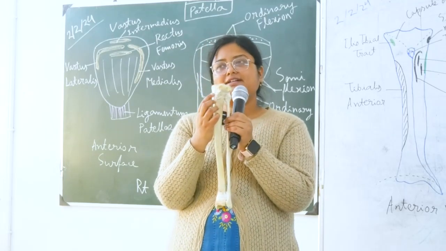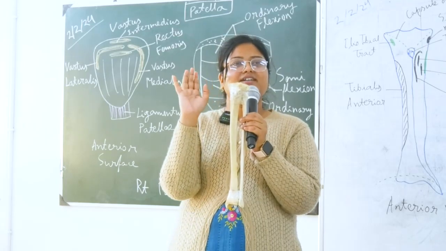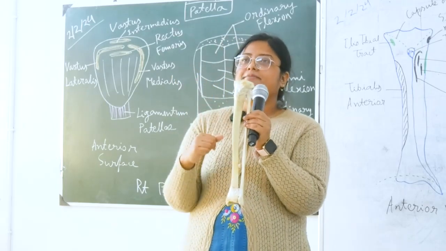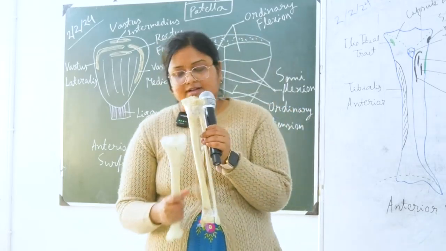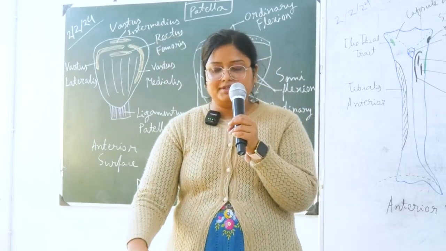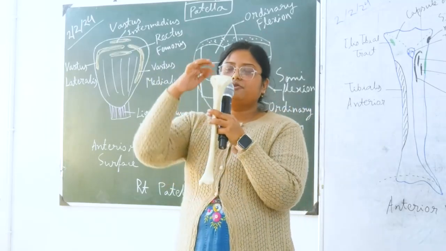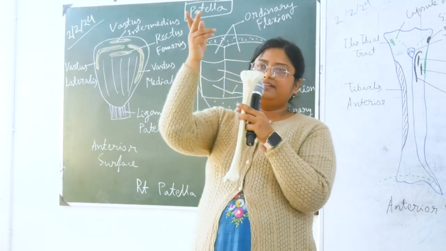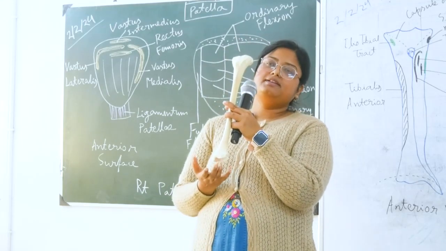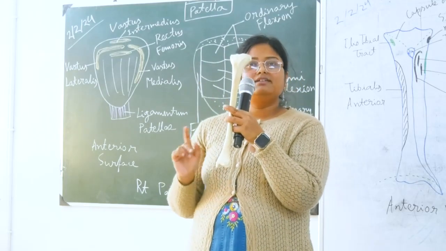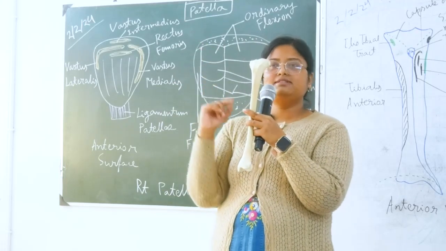The upper part of the tibial tuberosity ossifies from the secondary center, and the lower part from the primary center of the shaft. Now, how will you hold it in anatomical position? The condyles will be directed above, and the malleolus and this depressed area will be directed downward. So above and below is done.